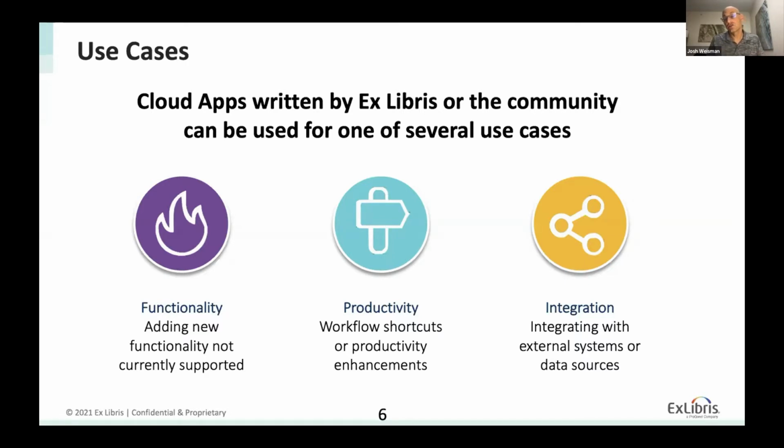And the last is integration, like that Trove app that we saw: the ability to share information from Alma with external sources, and to pull in data from external sources and then use it inside of Alma. So those are the 3 different types of apps that we've seen so far.